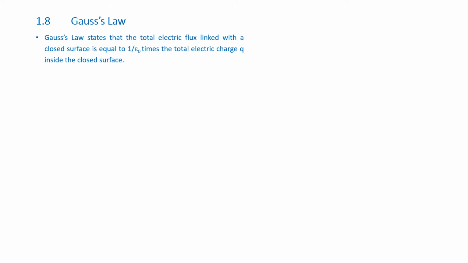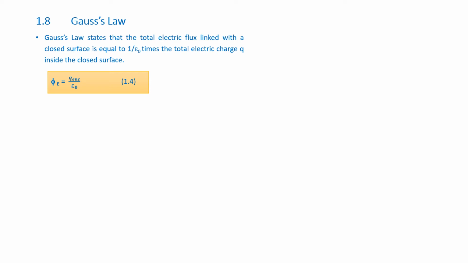Gauss's law. Gauss's law states that the total electric flux linked with a closed surface is equal to 1 over epsilon naught times the total electric charge Q inside the closed surface.